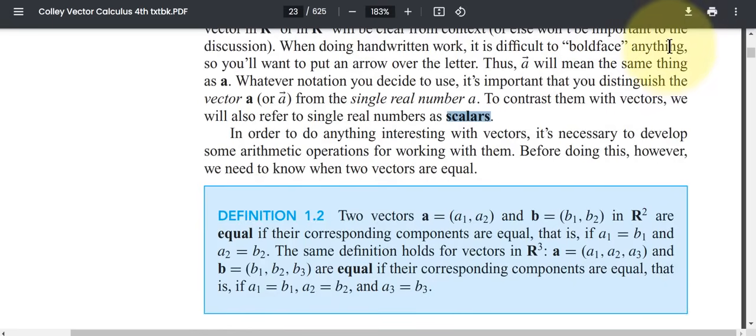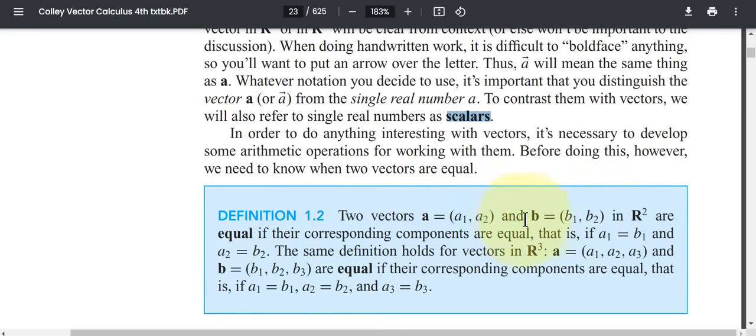First of all, what do we mean when two vectors are equal? Here they say that if you have a vector A and a vector B, and we call them equal, that means that not only is A1 equal to B1, but also A2 has to equal B2. If two sets are equal, they don't have to have that property.